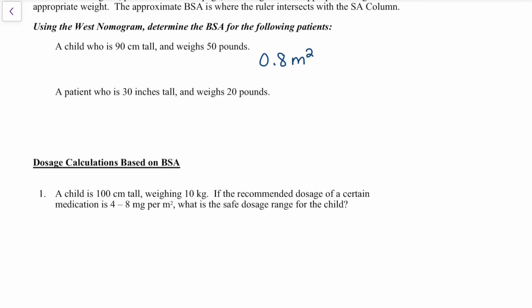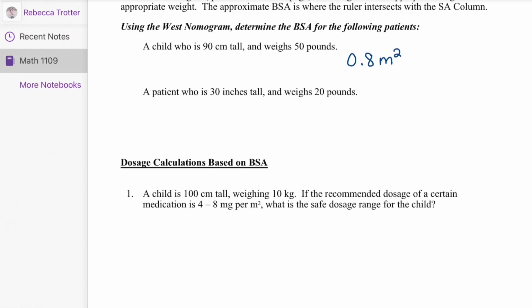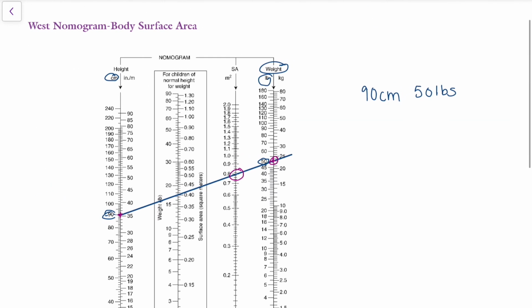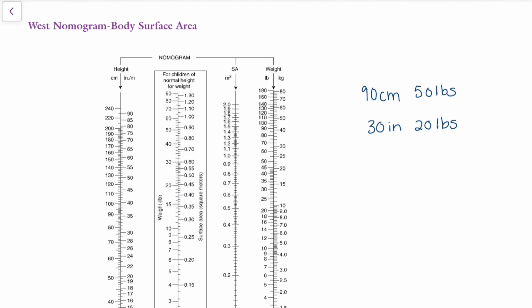Okay, so now let's look at a patient who is 30 inches tall and 20 pounds. So I'm going to write that down over here. 30 inches, 20 pounds. Okay, so inches is on this side, pounds is on this side.